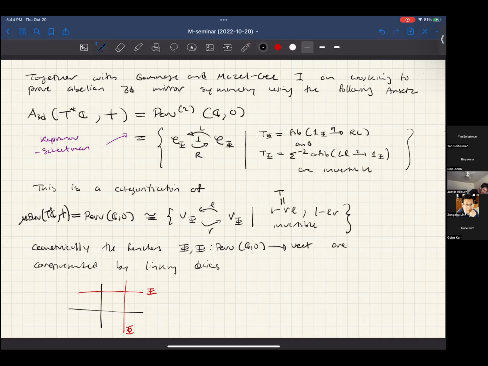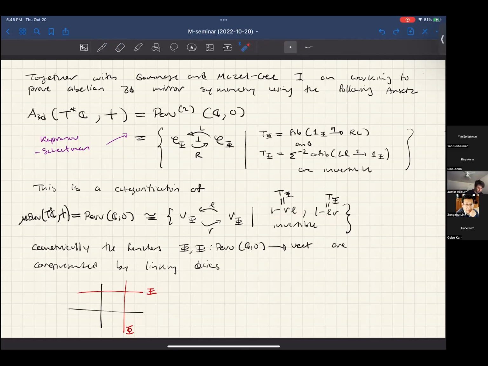and those are the analog of these things that were supposed to be invertible below. In fact, I'll just use the same notation. One of these is T phi, this other one is T psi. So taking the cone basically exactly categorifies this 1 minus RL or 1 minus LR. The one thing that's slightly complicated is that for certain reasons, you don't just want to take the cone, you want to shift it in some degree.